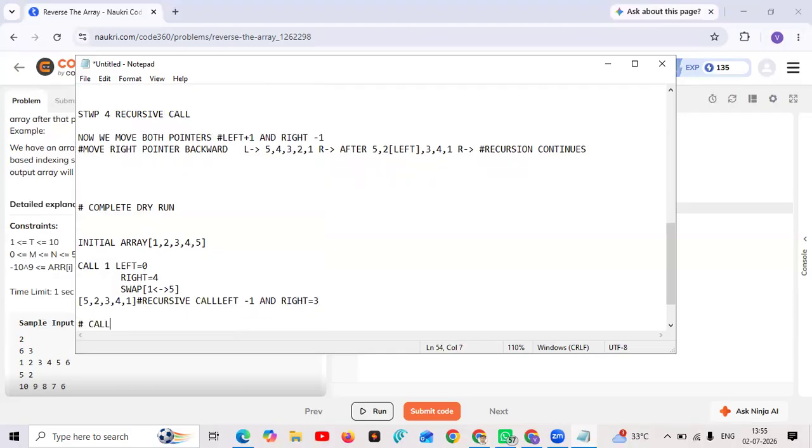This was call 1. Now call 2, and again swap. What will be swapped? Swap 2 with 4.